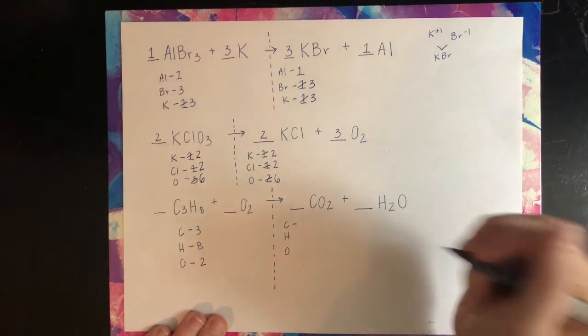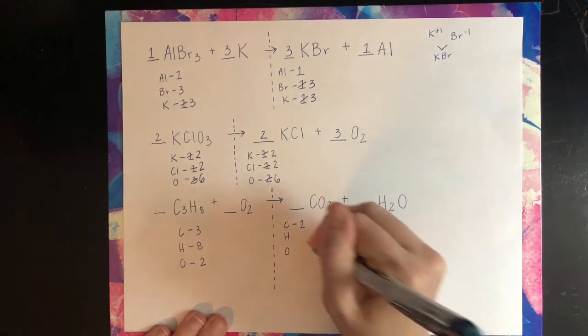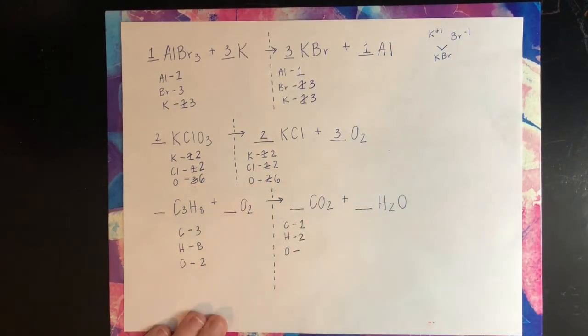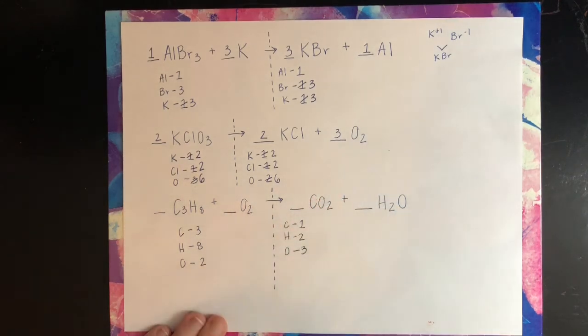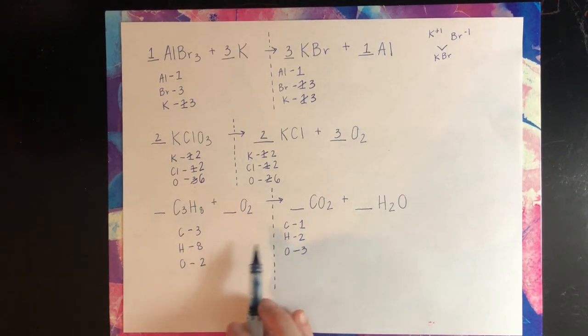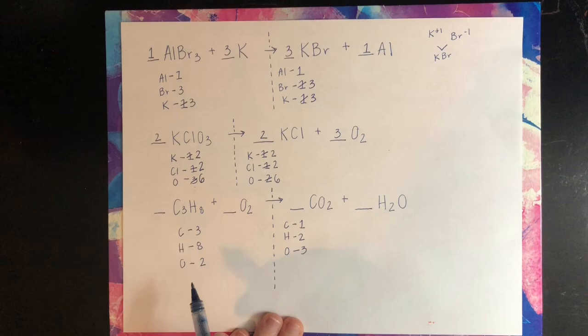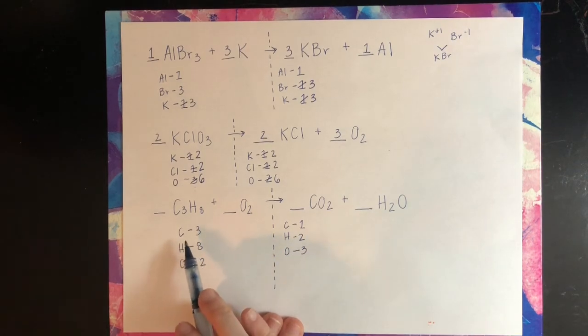On the right, the product side, 1 carbon, 2 hydrogens. Be careful counting your oxygens because I have 2 here and I have 1 here. So 3 total. All right, let's start balancing. First thing I see is that carbon is unbalanced, plus I don't want to do hydrogen and oxygen yet anyways. So carbon, I have 3 on the left and only 1 on the right.